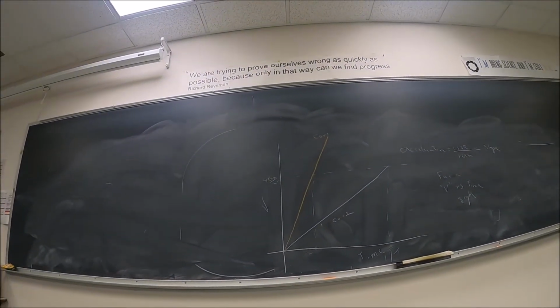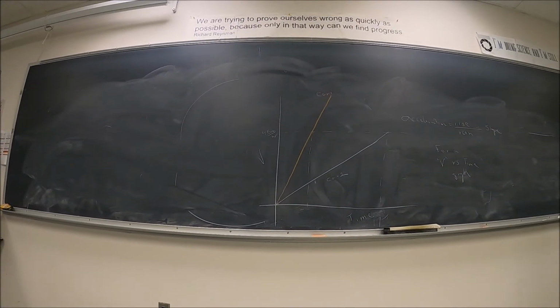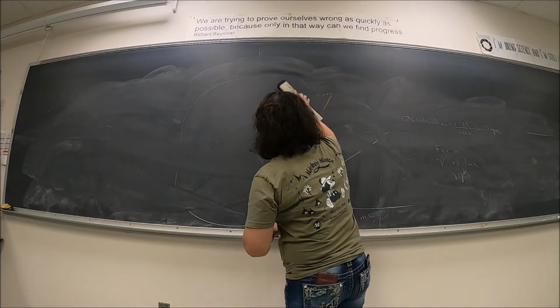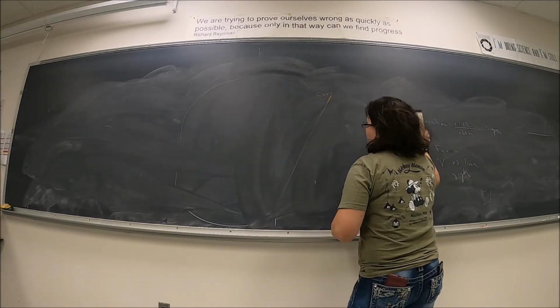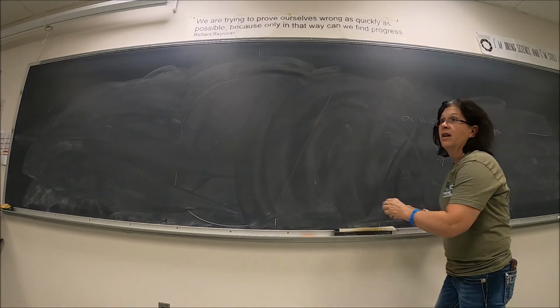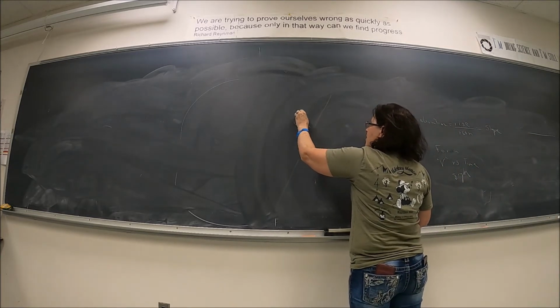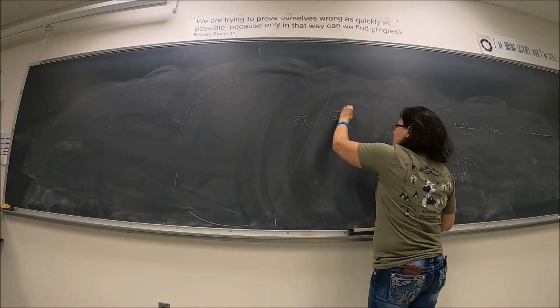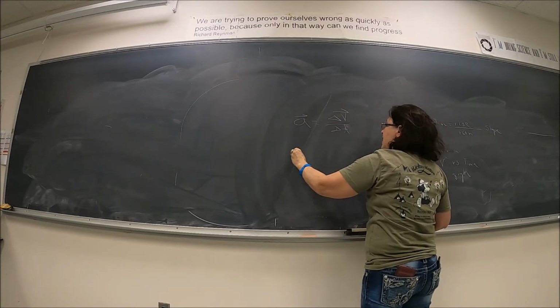All right, now let's look at equations for uniform acceleration. Since in uniform acceleration we know that acceleration is constant, I can say acceleration is equal to delta v over delta t.